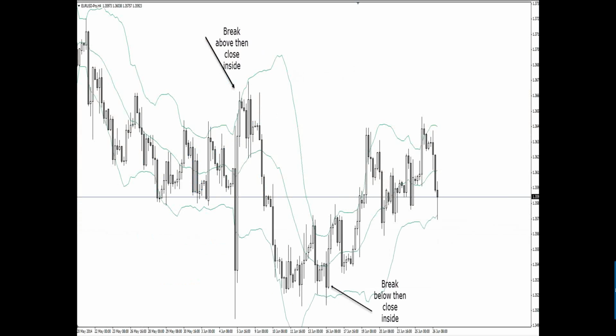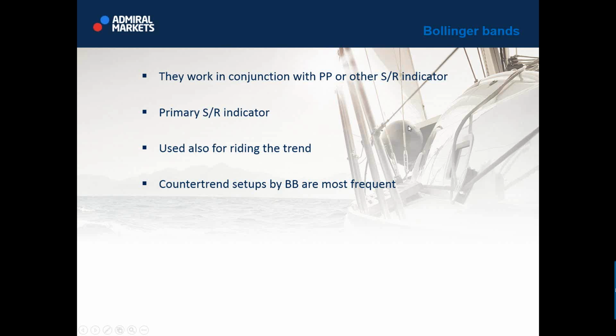I think the webinar was called Price Action, when you basically try to trade counter trend opportunities by identifying Bollinger Bands tops and bottoms with candlestick patterns. Okay, so a break above then close inside usually is the signal for traders to go counter trend.